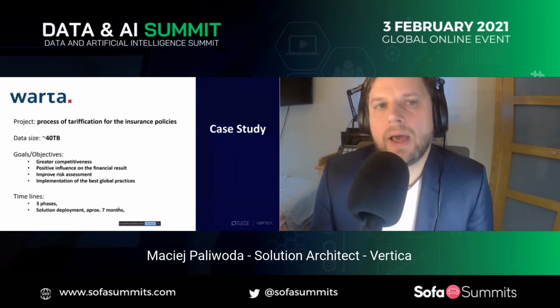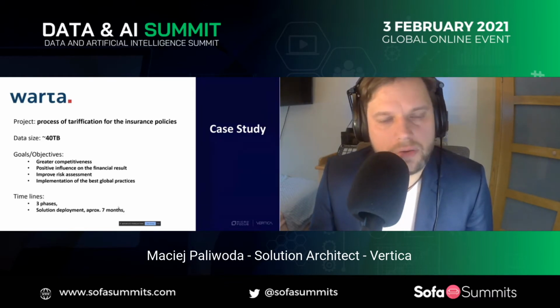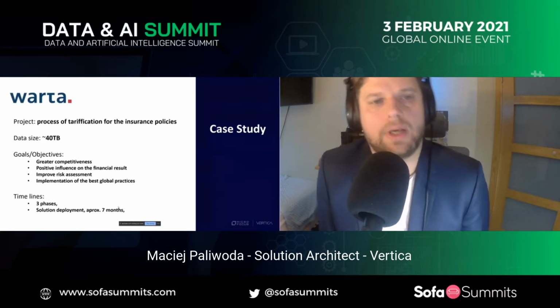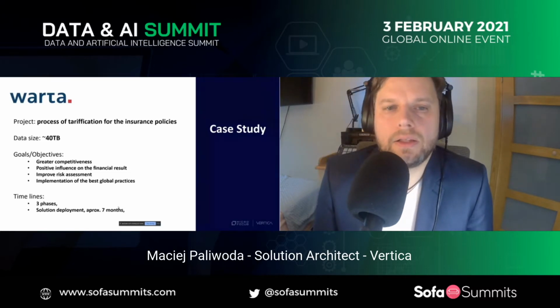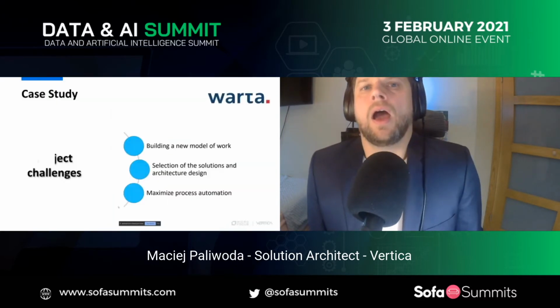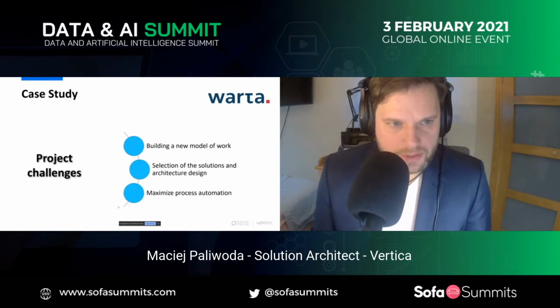Okay, the whole project was delivered in the agile methodology and had 3 main phases. The last phase was related to the tool implementation. This is the phase I took part in, and it lasted about 7 months. What were the project challenges at the beginning?